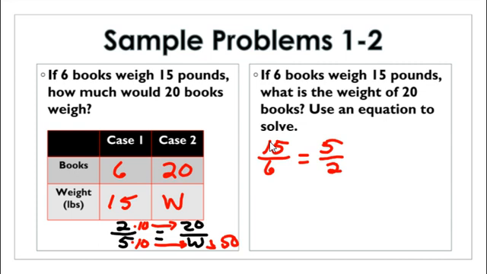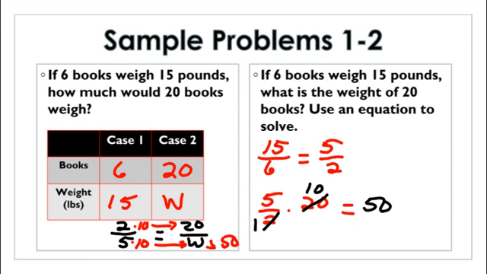And I'm going to use that 5/2. So each book is 5/2, and I got 20 books. So 5/2 of 20 will give us the total weight of 20 books. And I can simplify here. I can divide a 2 here, divide a 2 here, and you get 10. 5 times 10 gives you your 50.